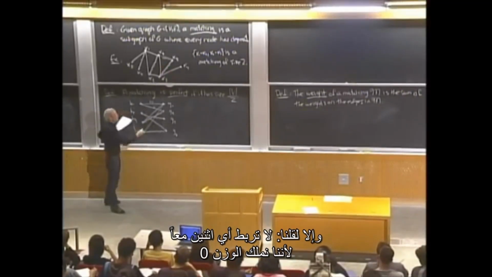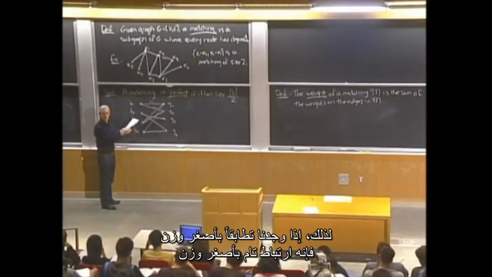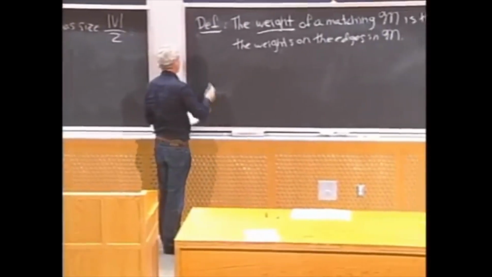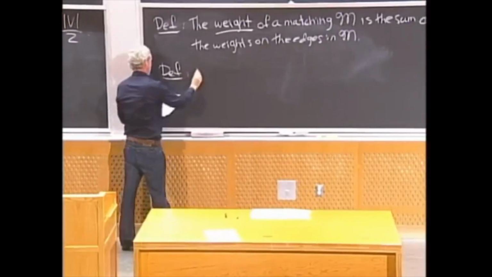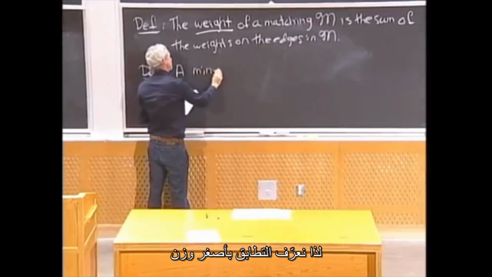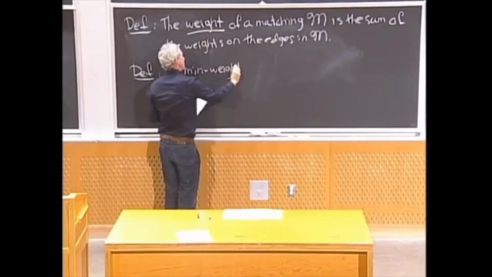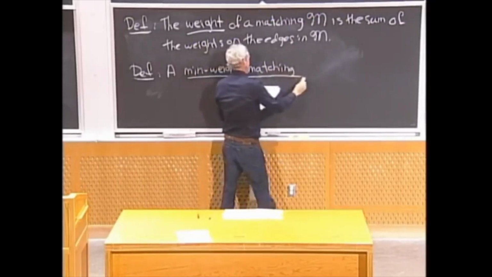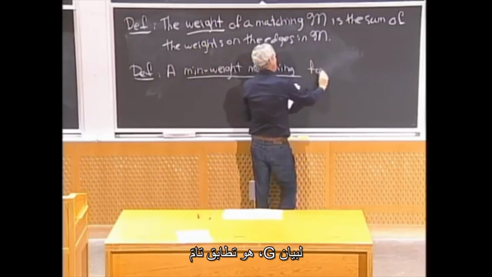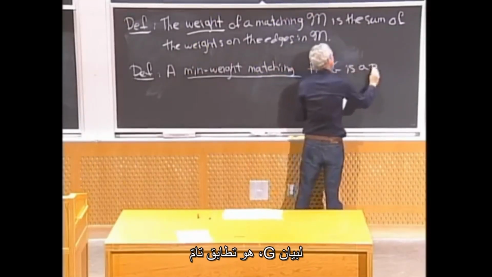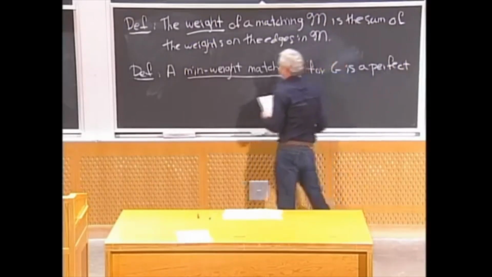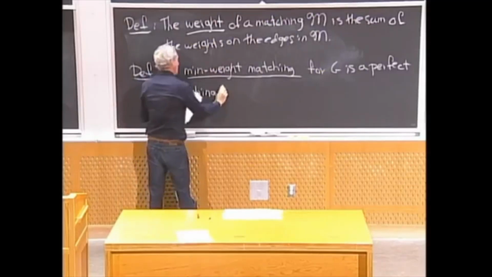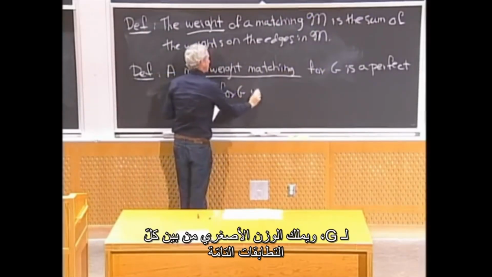Because otherwise, you just say, don't match anybody together, and you have weight 0. So when you look at minimum weight matchings, you're looking for the perfect matching with minimum weight. So we say a min weight matching for a graph G is a perfect matching for G with the minimum weight, over all perfect matchings.